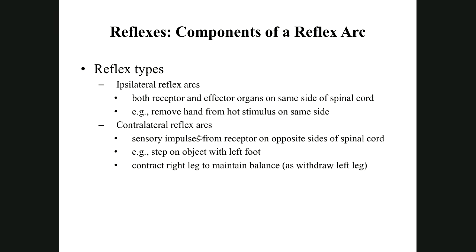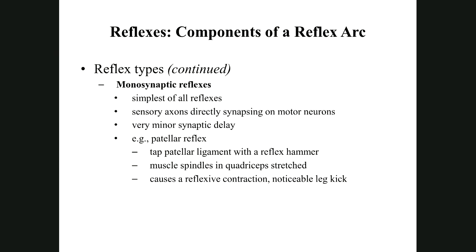Again, ipsilateral versus contralateral. So on the same side versus on the opposite side, right? And so some of these are on the same side and some of these are on the opposite side. So one way that we can group these reflexes is based on whether it is ipsilateral or contralateral. A lot of times we prefer to group them this way, though: monosynaptic versus polysynaptic.